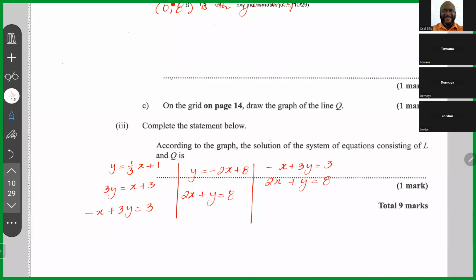Now, what they're asking us is to complete the statement. According to the graph, the solution of the system of equations consisting of L and Q. In other words, what's the solution of the simultaneous equations L and Q? Now, whenever a graph is used to solve simultaneous equations, the solution is the values of x and y at the point of intersection.